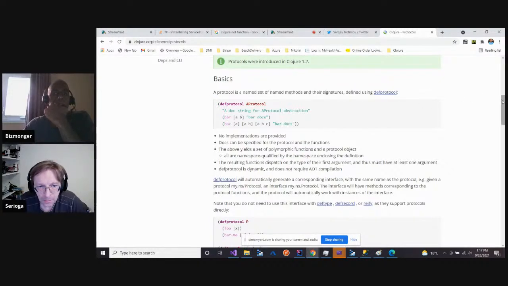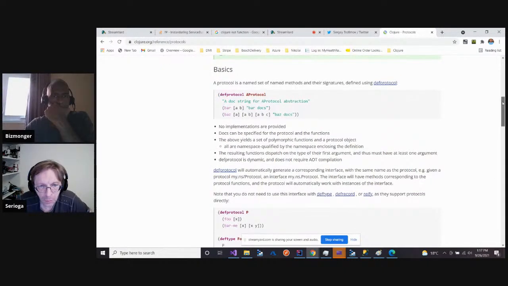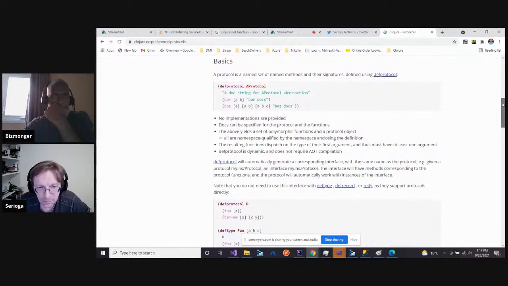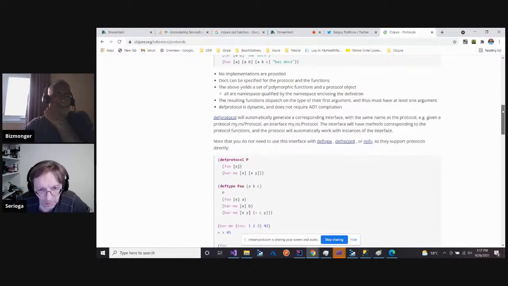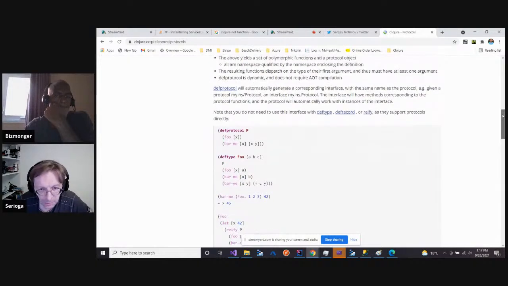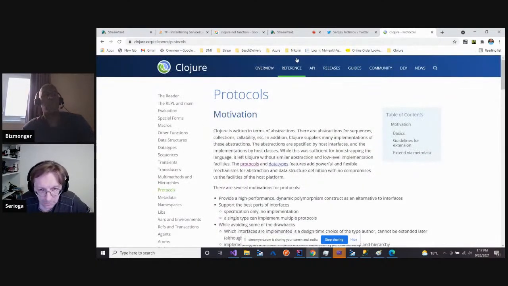A protocol is a completely different concept from multi-methods. A protocol is like an interface. It's several functions declared without implementation, which can be satisfied by different types.